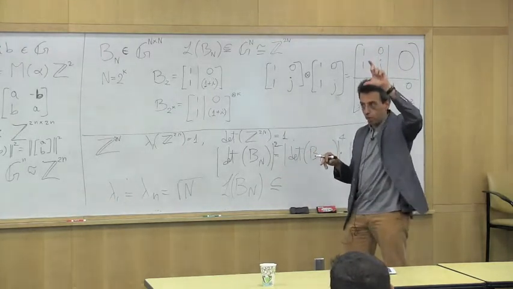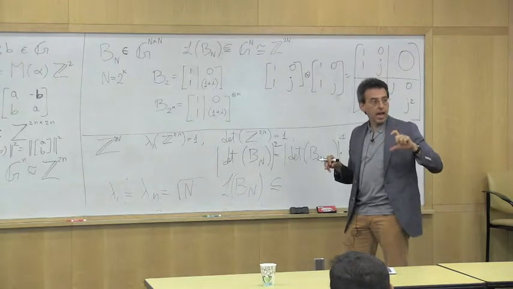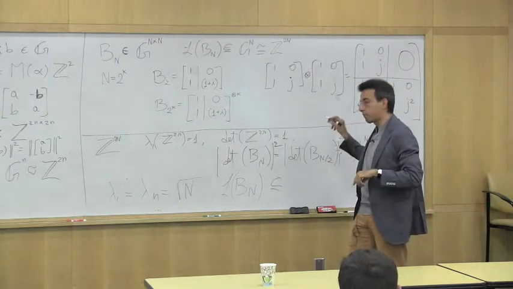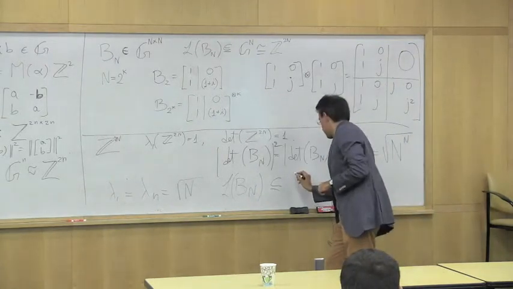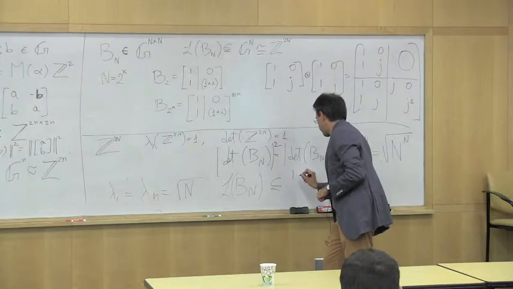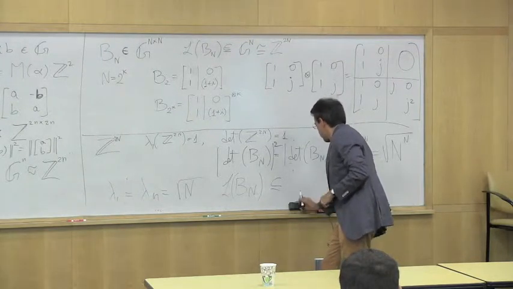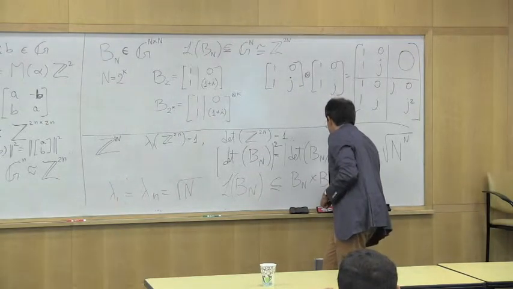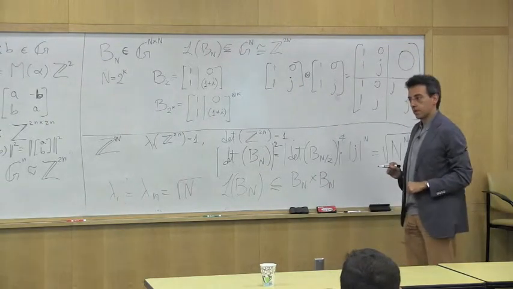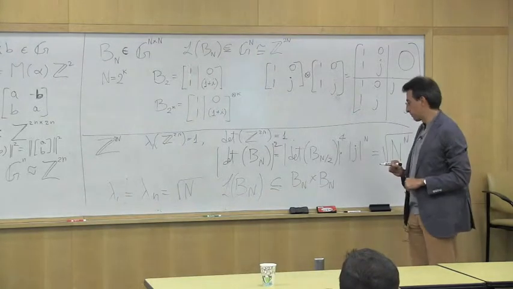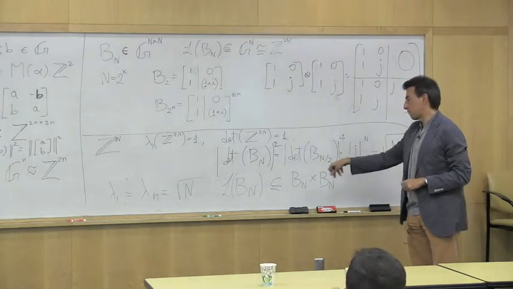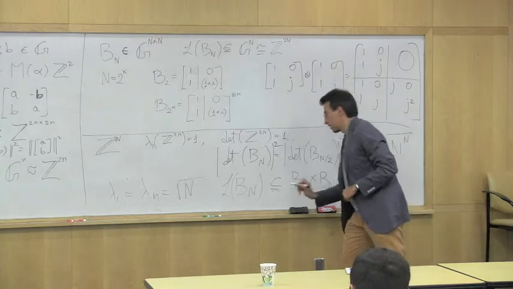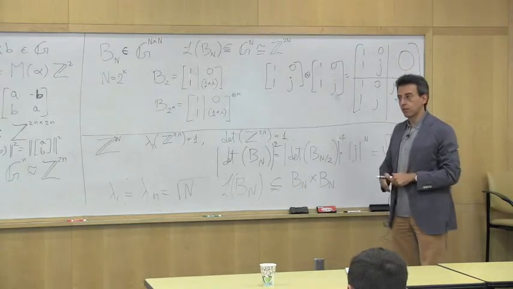So the top part and bottom part are elements of Bn over 2. Not all of them, it's a strict inclusion.